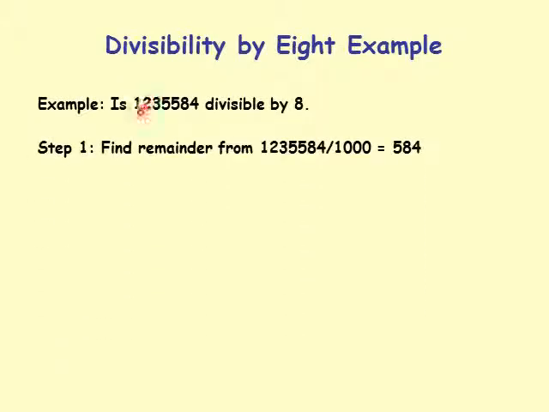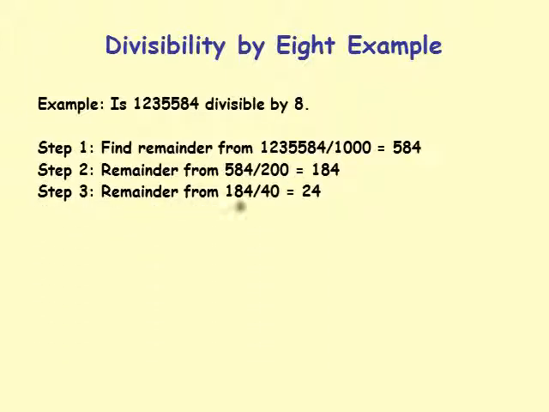Let's do a quick example. Is this number 1, 2, 3, 5, 8, 4 divisible by 8? First we divide by 1000: draw a line to the left of 3 digits, toss out the left part, which is the quotient, and 584 is the remainder.